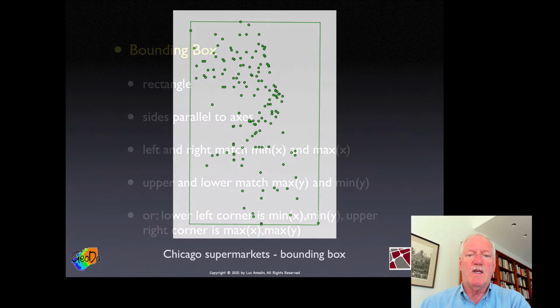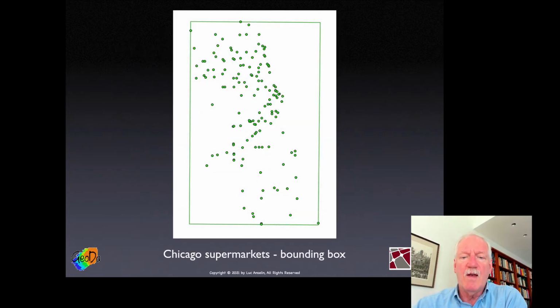Just to illustrate this again for our Chicago example, and right away you see a big difference, namely, in the city boundary, we cut this off at the lake. This is the lake, but here the lake is part of the bounding rectangle, the bounding box. So let's see, the lower left corner is minimum of x, the most extreme to the left of x, and also the lowest of y, so minimum of y.